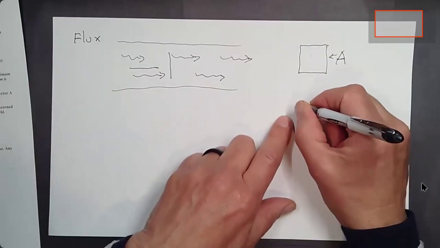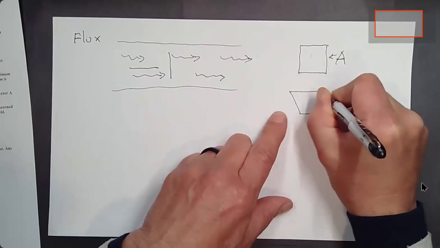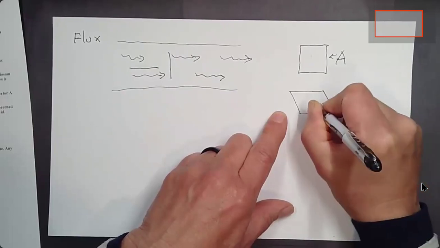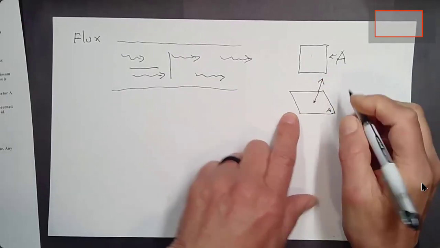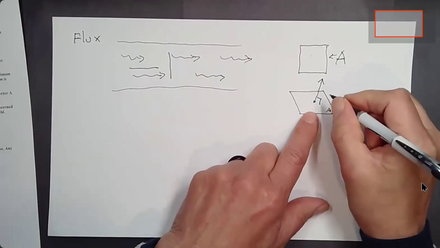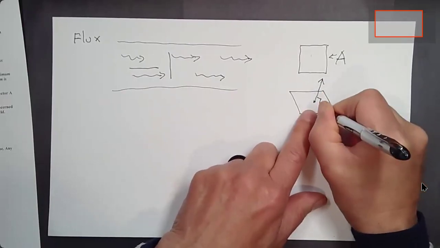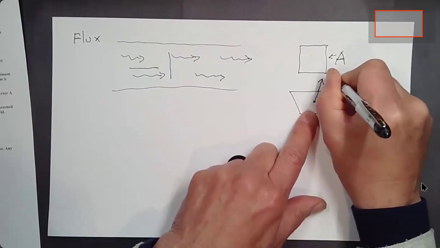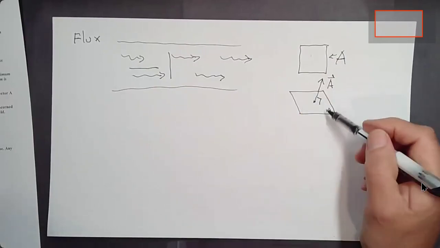Now, we're going to imagine drawing this thing. Here's our area A, and we're going to imagine that we have a surface normal to this area, and this is just a vector that is perpendicular to the surface in every direction, and the vector has a magnitude that is equal to the area of this thing.